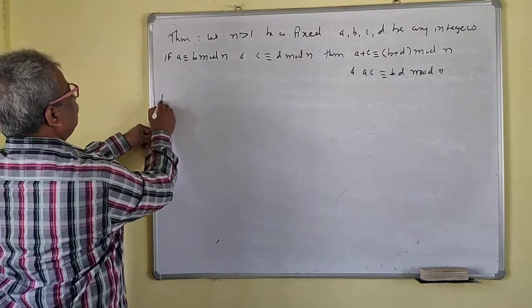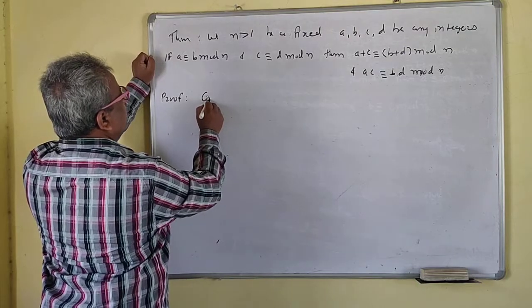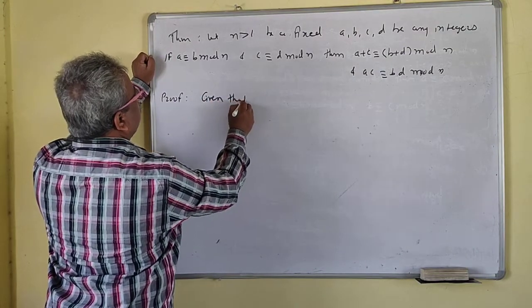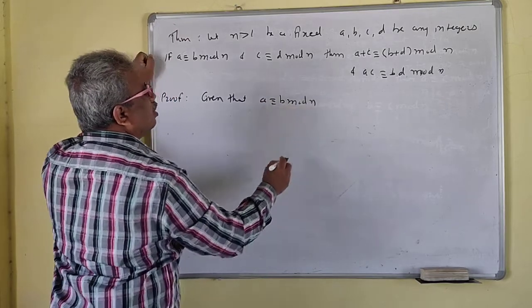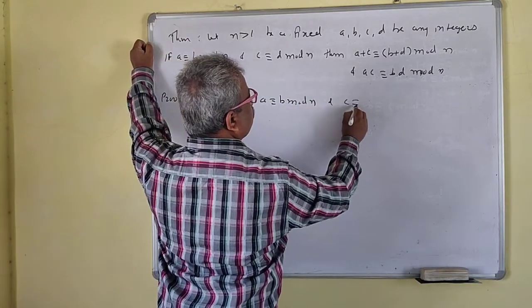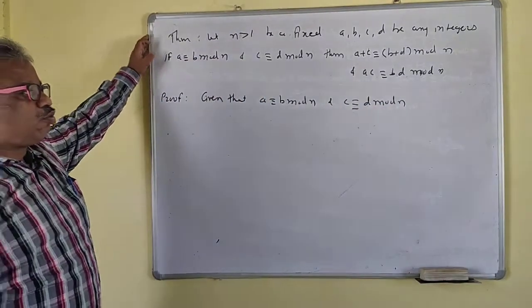Okay, so proof. What are we given? Given that a is congruent to b mod n and c is congruent to d mod n. You have to prove the first one.